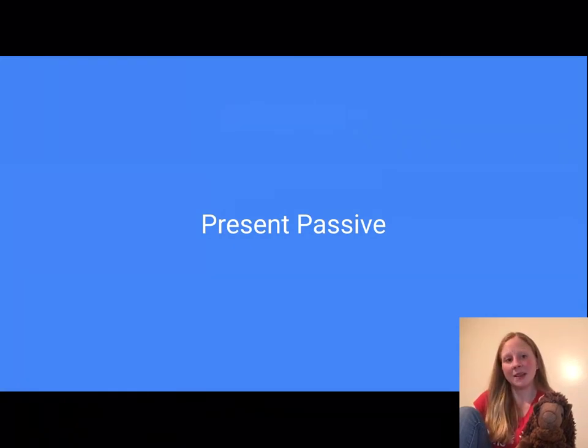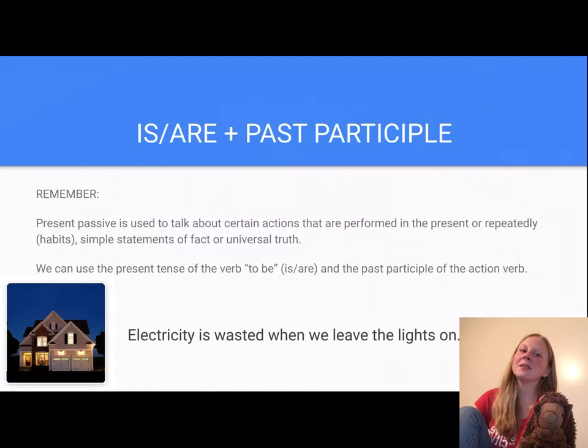Let's start with the present passive. So present passive is used to talk about certain actions that are performed in the present, or things that are happening repeatedly, habits, or else simple statements of fact or universal truth. For the present passive, we use the present tense of the verb to be, most often is or are, and the past participle of the action verb.